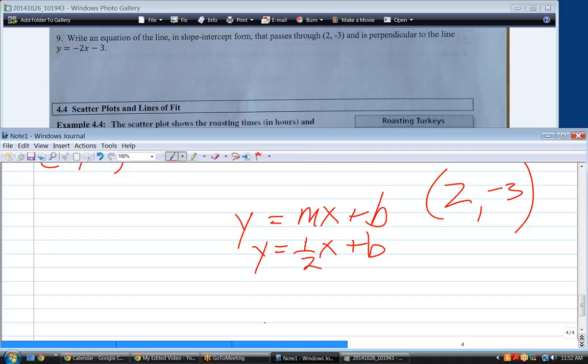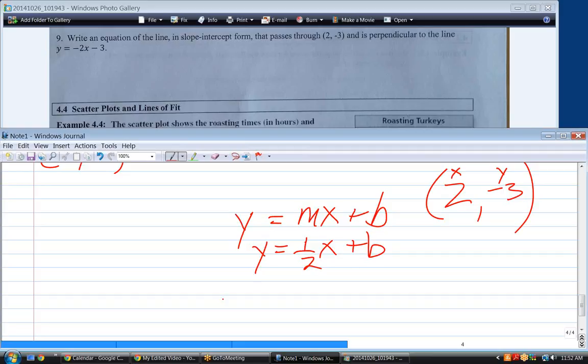This is x and y, so you always substitute x and y into the equation. Tell me what the next line to write is.